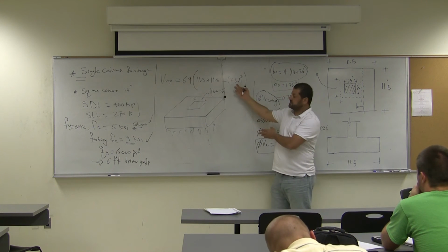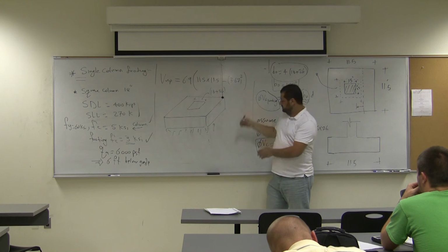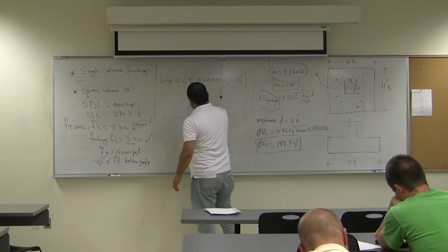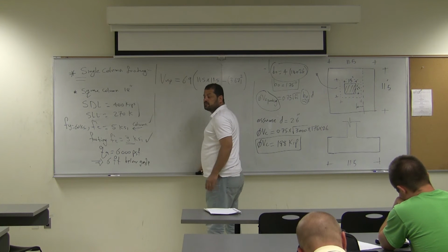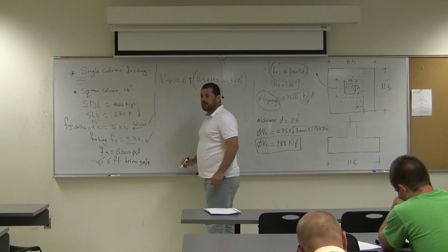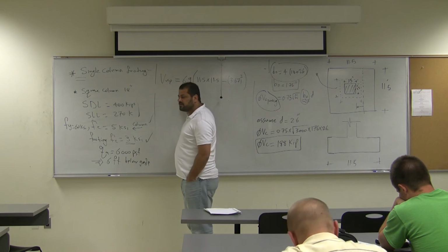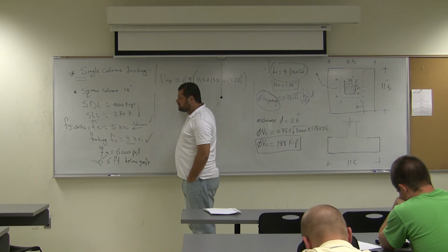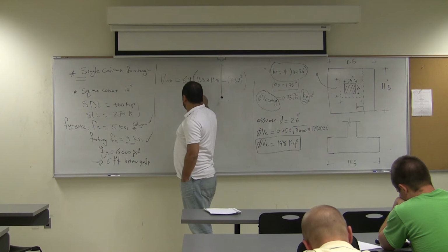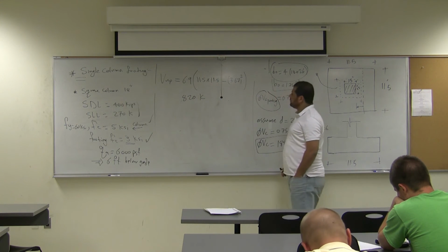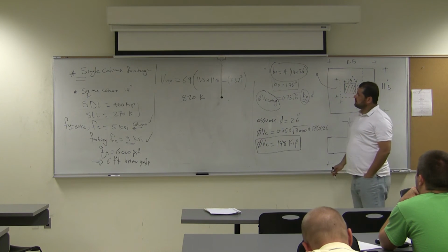This is what I did here, which is 3.67. How much is that? 820. Sure? 6.9. Yeah, 820.